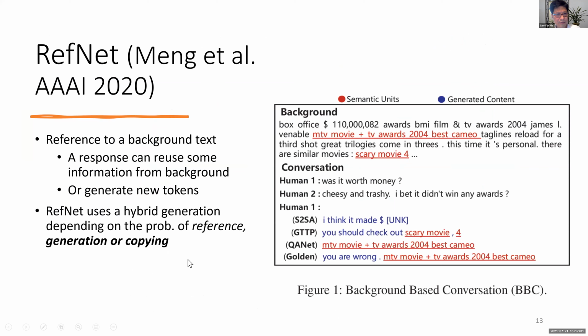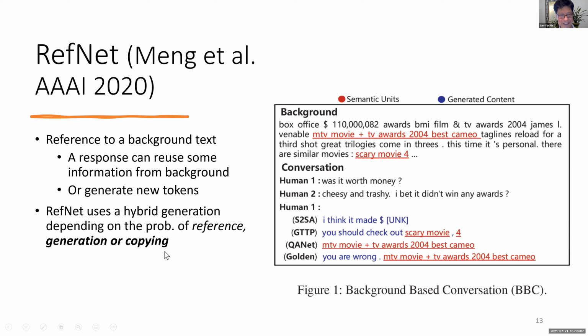Now, how have external resources been used in a few previous works? I just mention a few previous works to show how people tried to deal with those problems. This work, RefNet, is a document-grounded dialogue, with generation-based response generation.